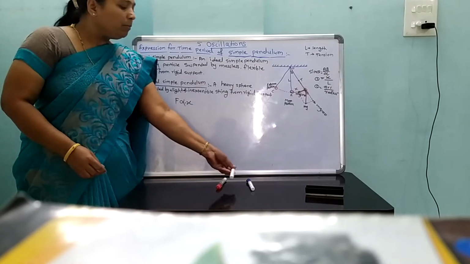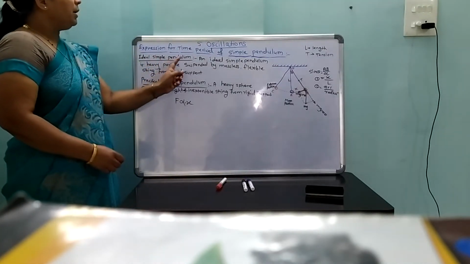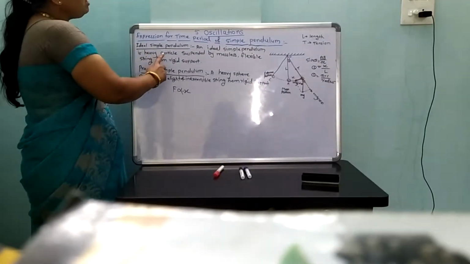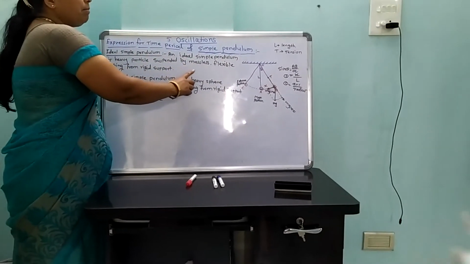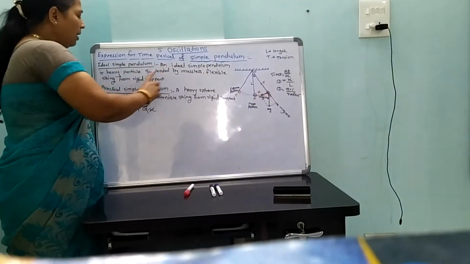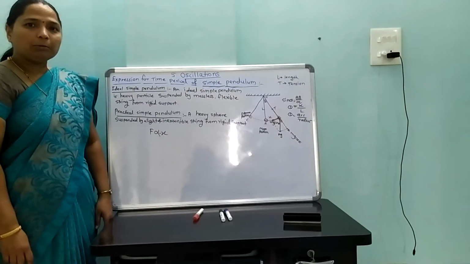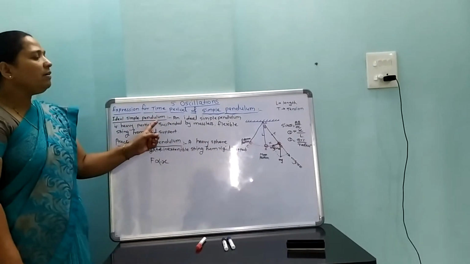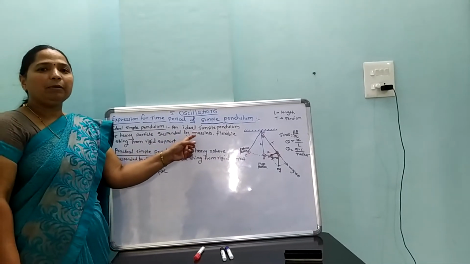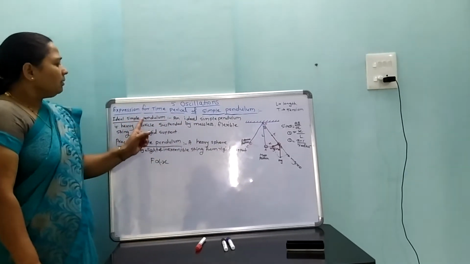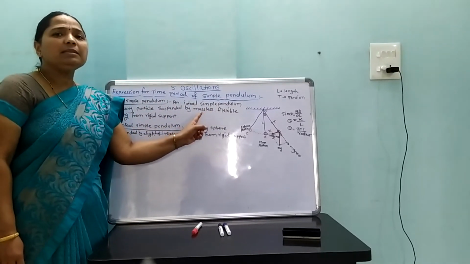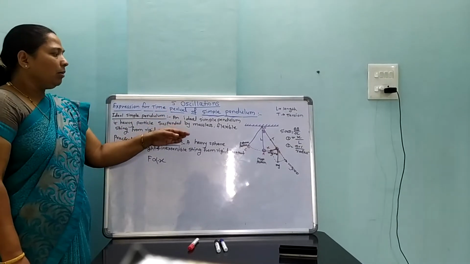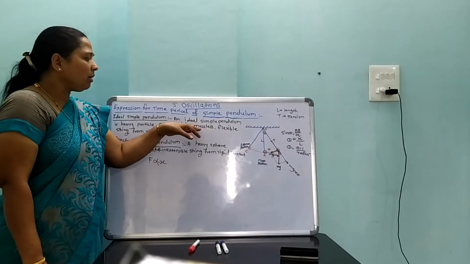Then, what is meant by an ideal simple pendulum? An ideal simple pendulum is a heavy particle suspended by a massless, flexible string from a rigid support. But actually a massless string is not available.